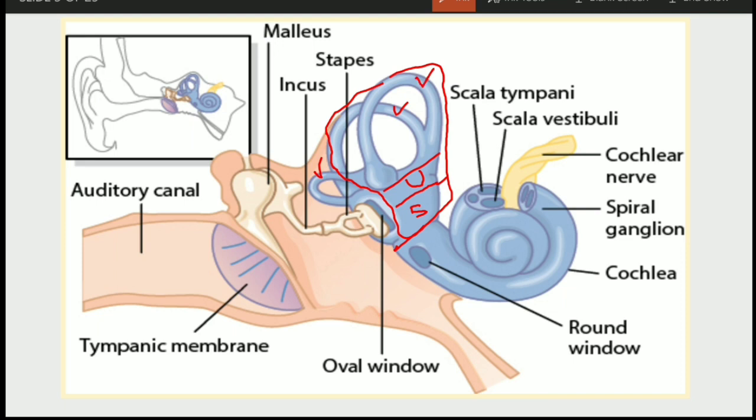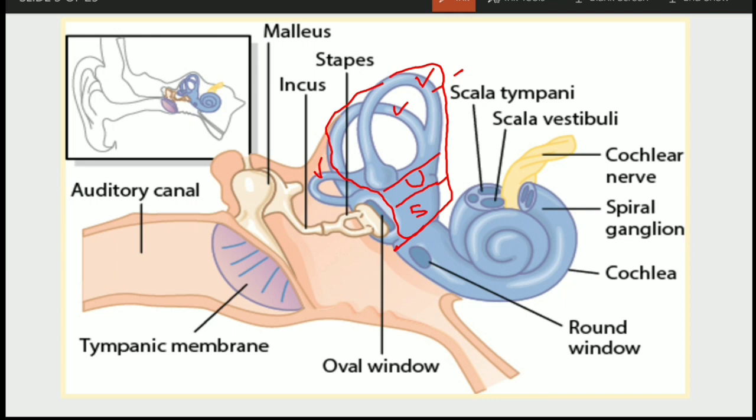The saccule and utricle are responsible for static balance, and the semicircular canals are responsible for kinetic balance.